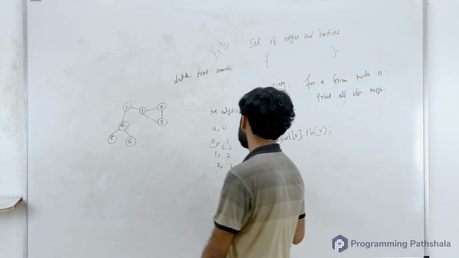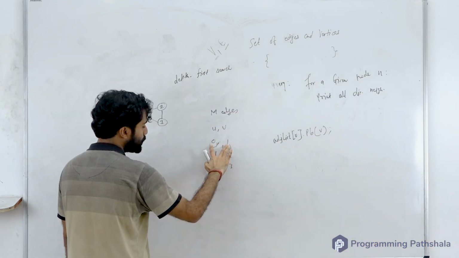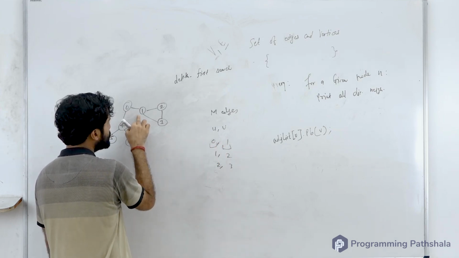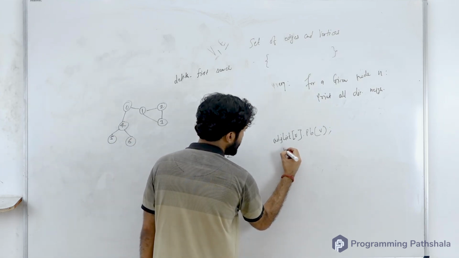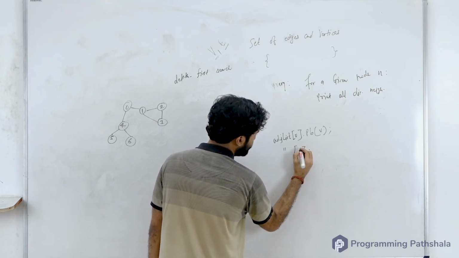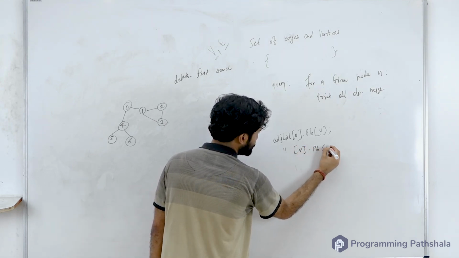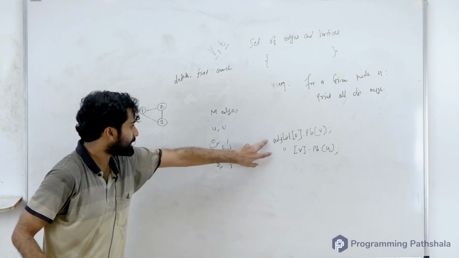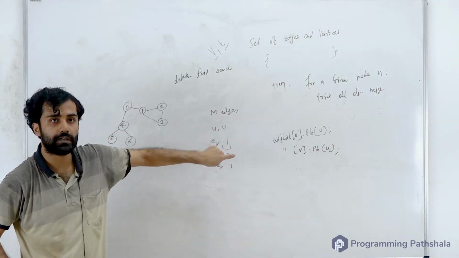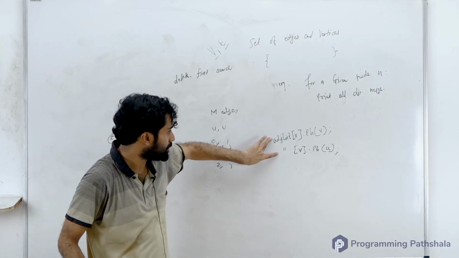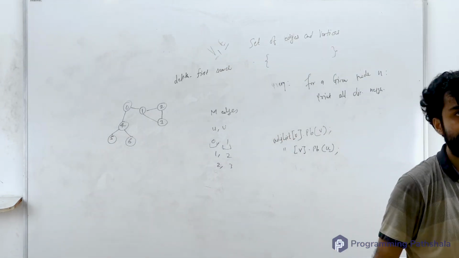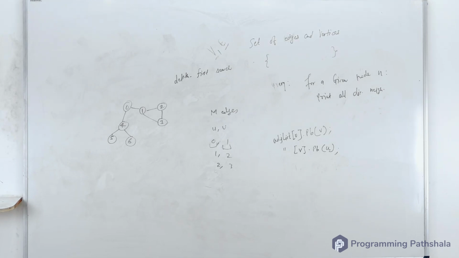Apart from this, you also know that 1 and 0 are also connected, because an edge between 0, 1 means an edge between 1, 0 too. So you should also do adjacency list of v dot push back u. You have to do this m times. For any pair that you scan, you push these two values in your adjacency list. Then only that adjacency list would be a proper adjacency list.